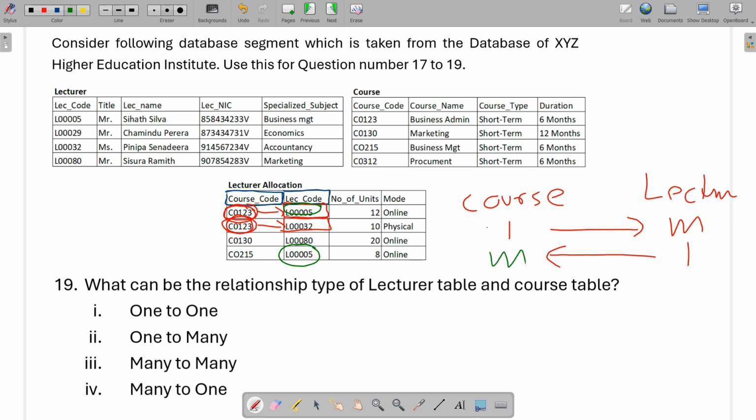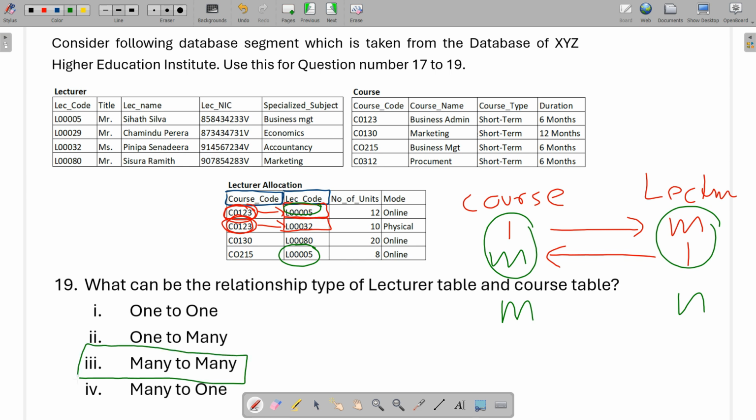So when you are figuring out the relationship in between, take the bigger value out of these things. From here it's M, and from here it's going to be N. So it's many to many anyhow, so the answer is going to be the third one.